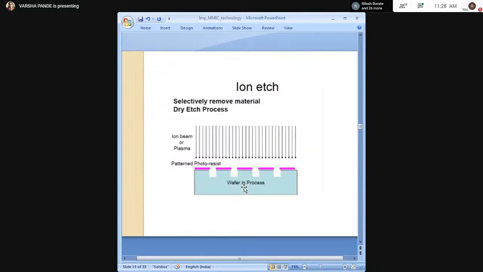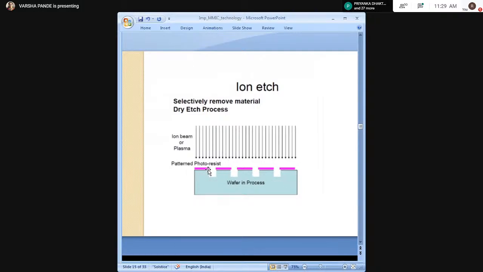Then the ion etching method is used, and suppose you want to remove the whole part, then at that time wet etching is also used. Ion etching is nothing but dry etching. Suppose you want to isolate the parts, here you can see the first device, second device, third device, fourth or fifth, different components are there, and all these components are isolated by using etching.